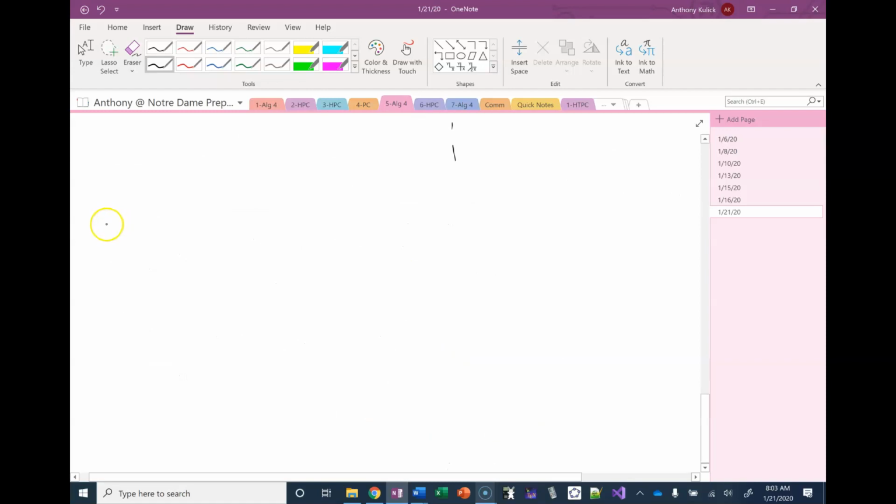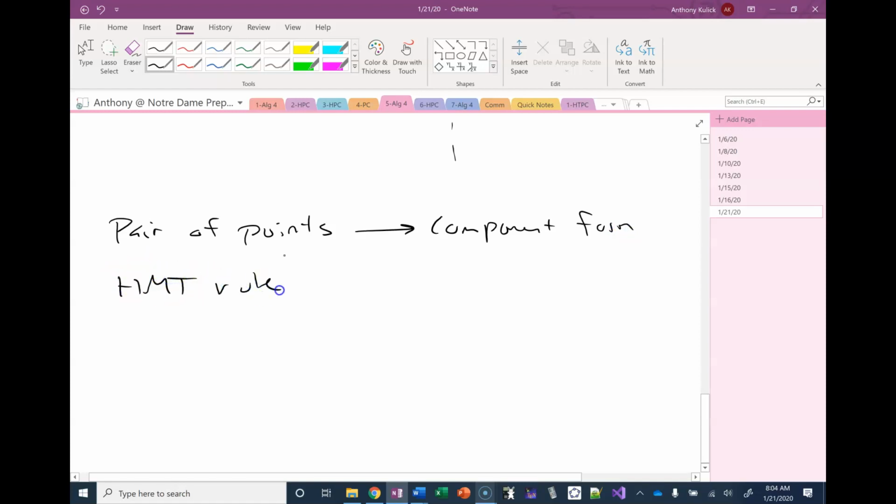So the first conversion that we're going to talk about is going from a pair of points to component form. And to do that, we do what's called the head minus tail rule.